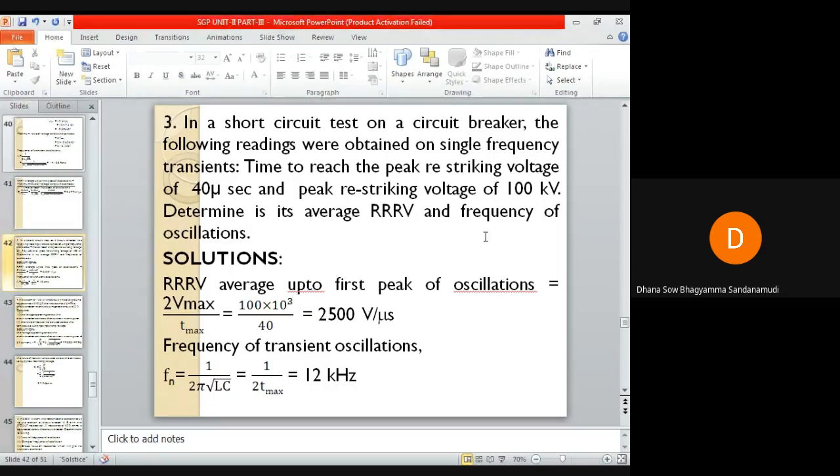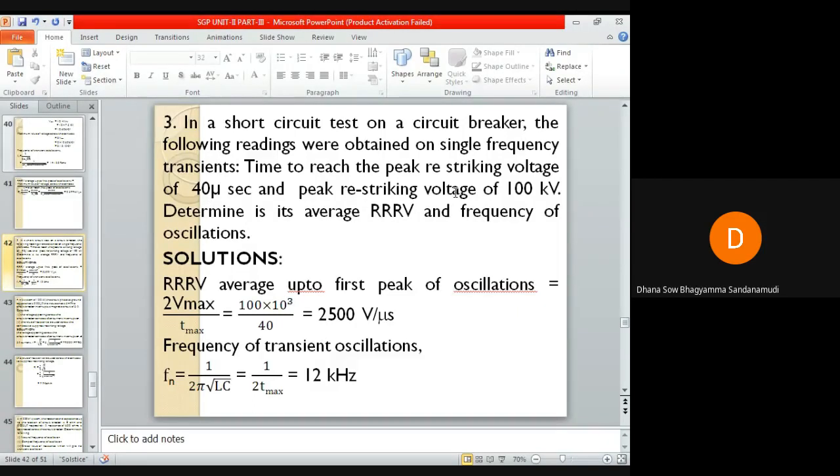Simply, they have given that a short circuit test is conducted on the circuit breaker. The following readings are obtained on a single frequency transient. They have given the time to reach the peak restriking voltage, that is T max, and the peak restriking voltage, that is V max.